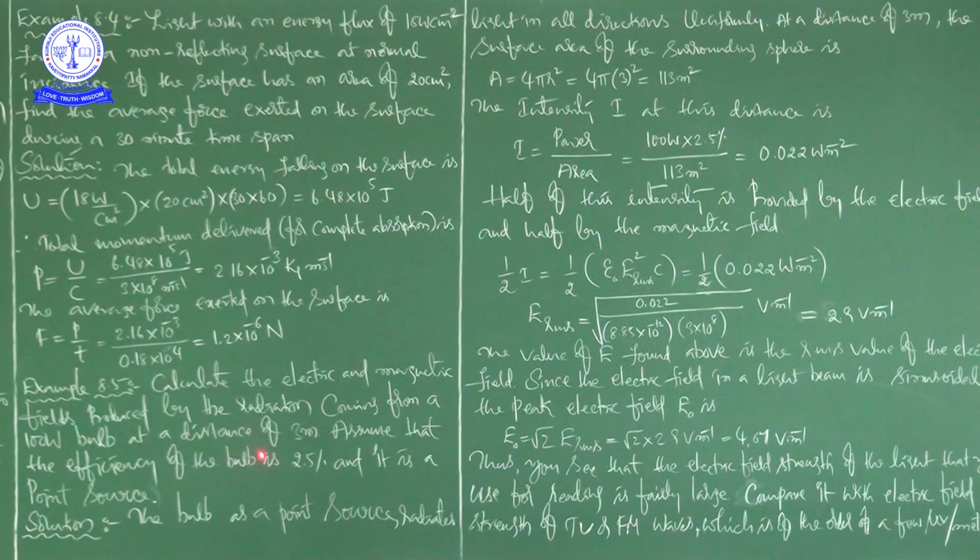Assume that the efficiency of the bulb is 2.5% and it is a point source.